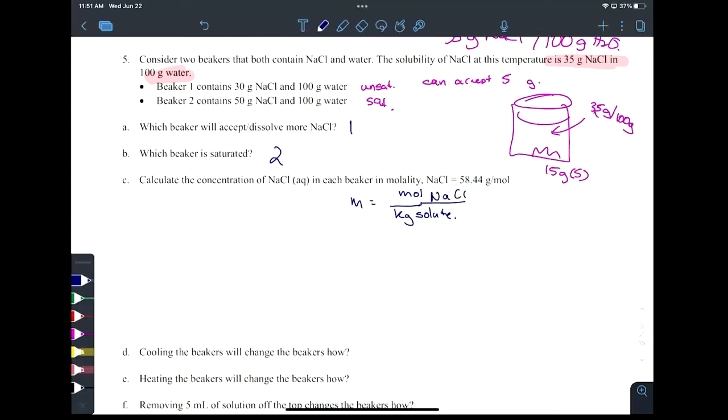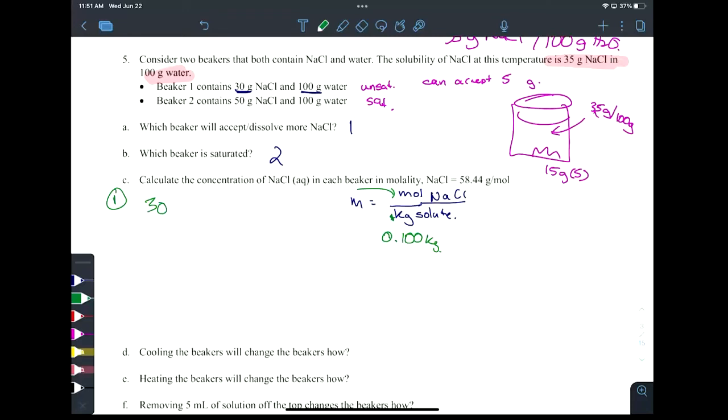All right. So looking at this, beaker 1 contains 30 grams in 100 grams of water. So I, right off the bat, know what my denominator is. Do you see that? It's 0.100 kilograms. I just need to figure out, okay, how many moles of sodium chloride do I have? So this is beaker 1.